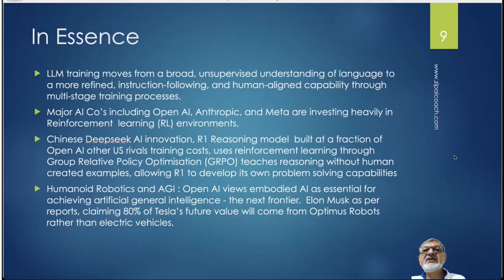Major AI companies like OpenAI, Anthropic and Meta are investing heavily in RL environments, which are reinforcement learning environments. There is another model which has created a lot of buzz, the Chinese DeepSeek AI innovation, which uses the R1 reasoning model, developed in China using reinforcement learning through group relative policy optimization, where they define the policies of the groups of data.